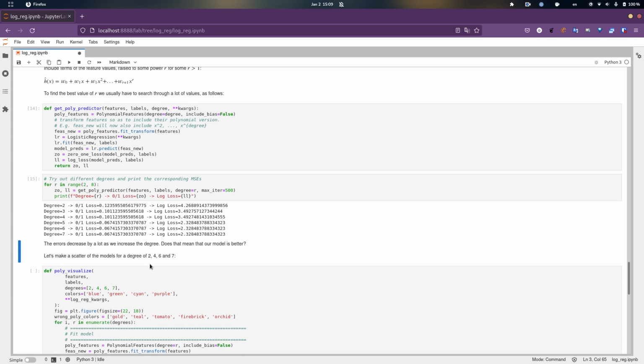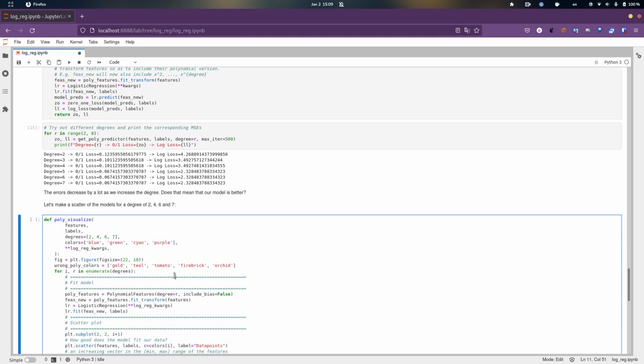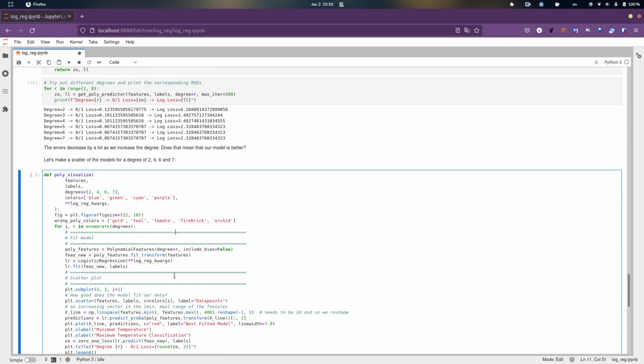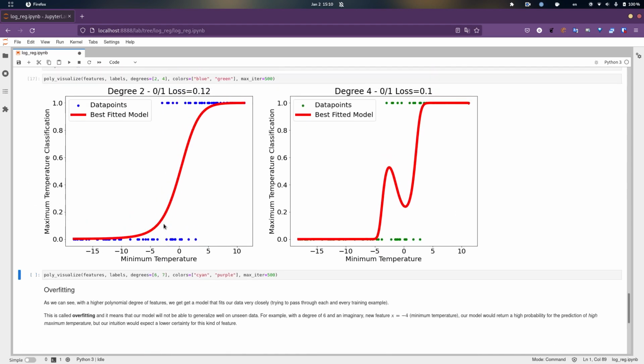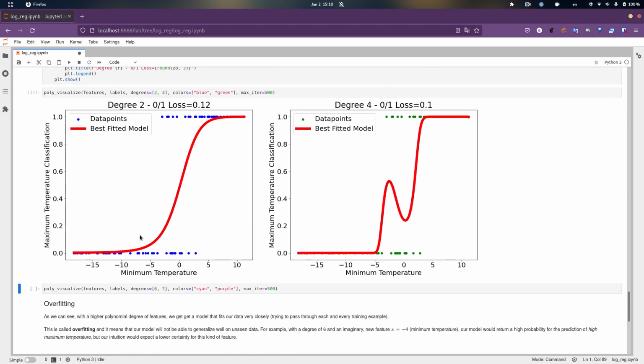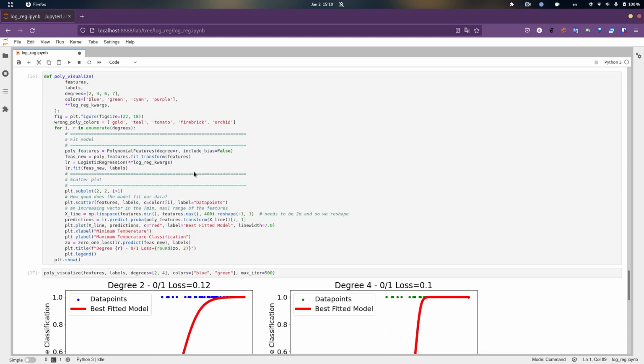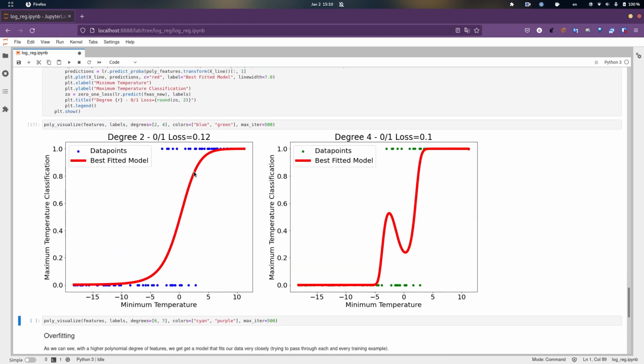So here we're going to visualize what the models look like for degrees of 2, 4, 6 and 7. So as you can see here, for a degree of 2, the model is very similar, probably almost the same as the simpler logistic regression model.